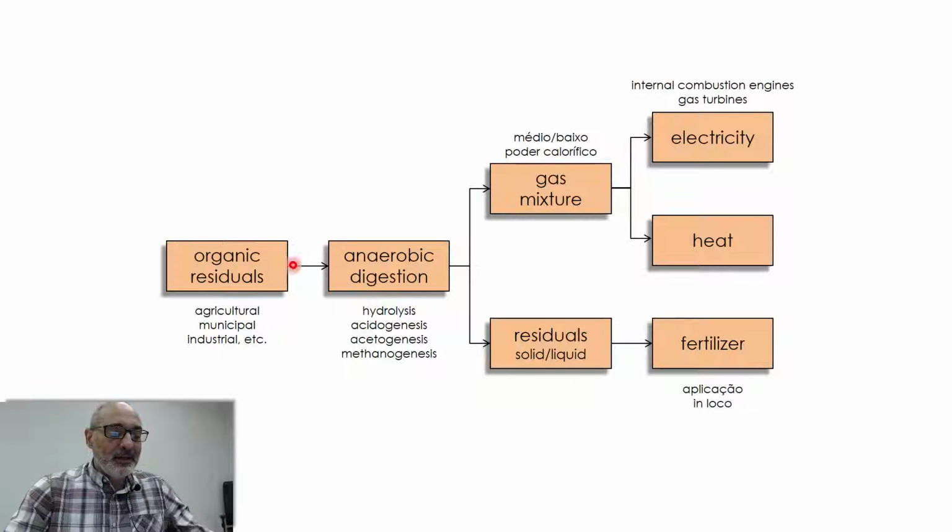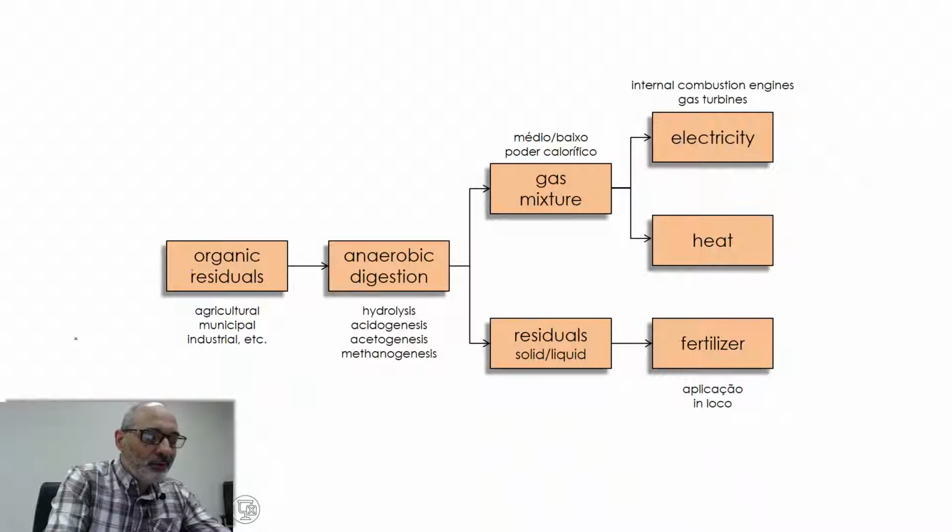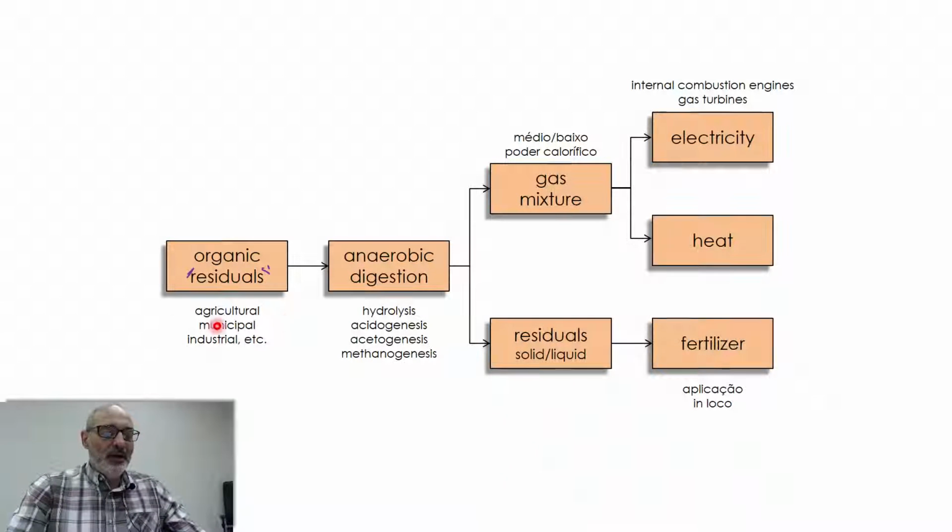Basically, you have organic residues, residues in quotes. It can be agricultural residues, municipal or industrial residues, and so on. You have a lot of especially oils and fats, for instance. This is a very efficient way of doing it.